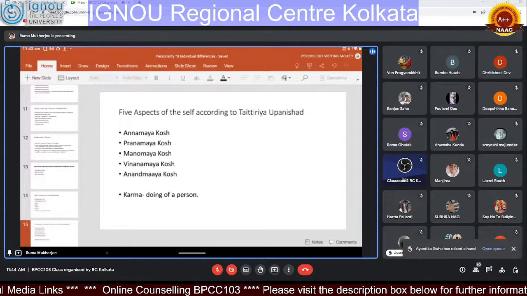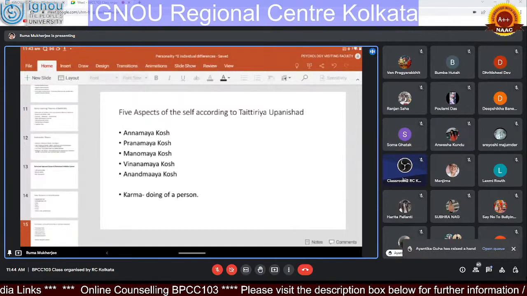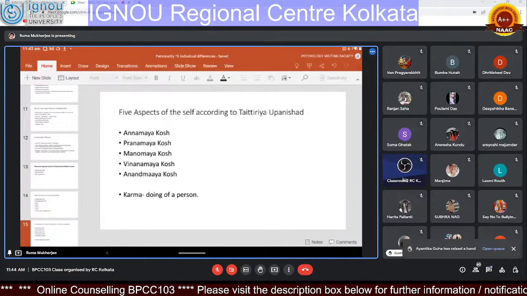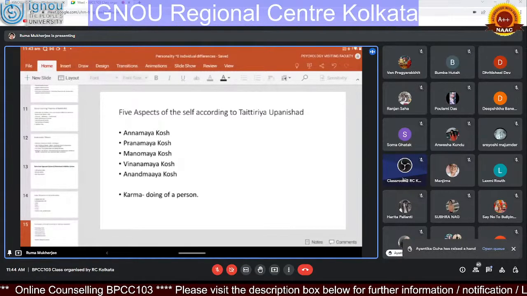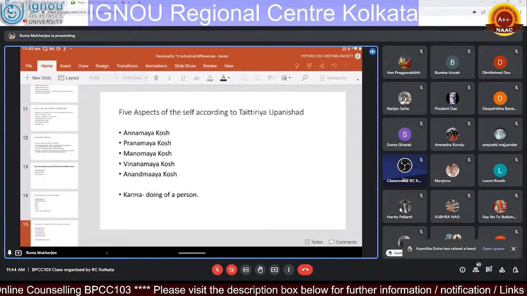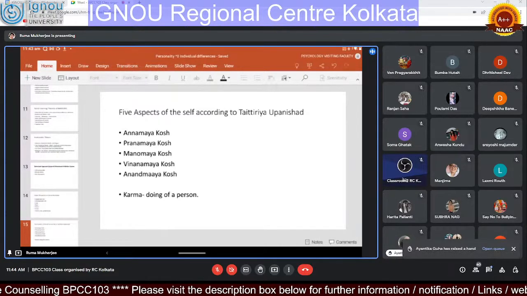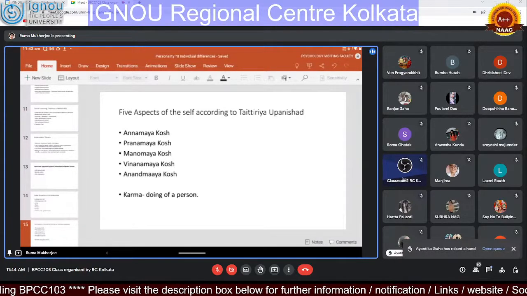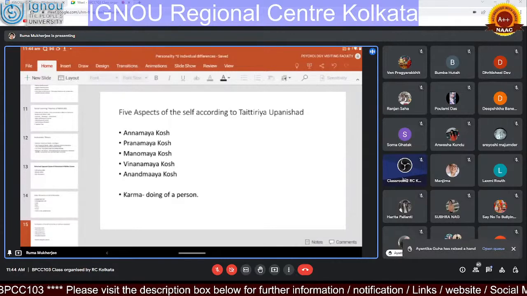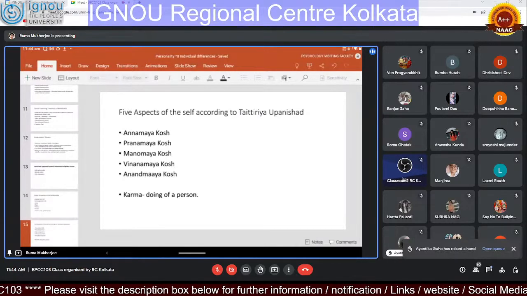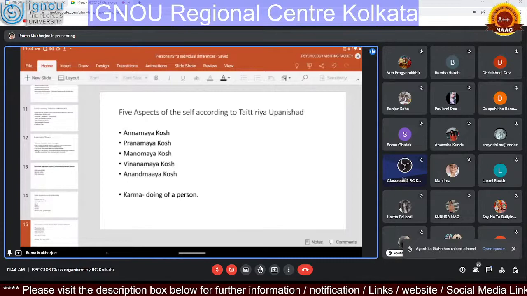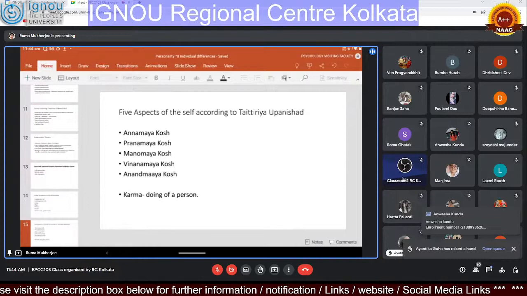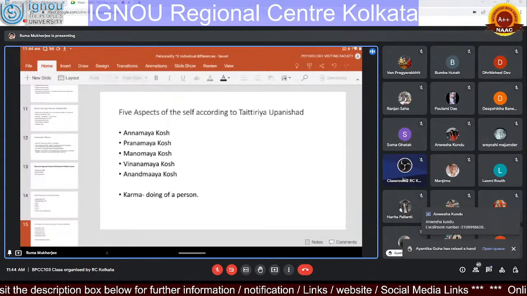Now lastly, the Vedanta, or the tradition of India, conceptualized personality in terms of karma. Karma means the doing of a person. A person's action, responses, or any type of behavior, whether good or bad, will be added to the karma phala, or the consequences in life. The ultimate goal of life is to have no more karma and achieve liberation from the cycle of birth and death.